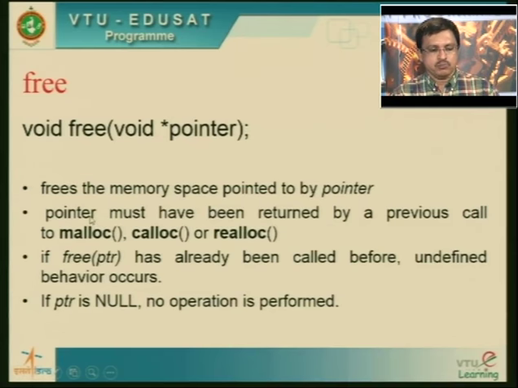For free to perform properly, the pointer that you pass should be the return value of a previous call to malloc, calloc or realloc, because only then will it be pointing to the heap; otherwise it may point to something else which cannot be freed. So free can perform its operation only on the heap. If free has already been called on the pointer, undefined behavior occurs. If the pointer is null, no operation is performed.